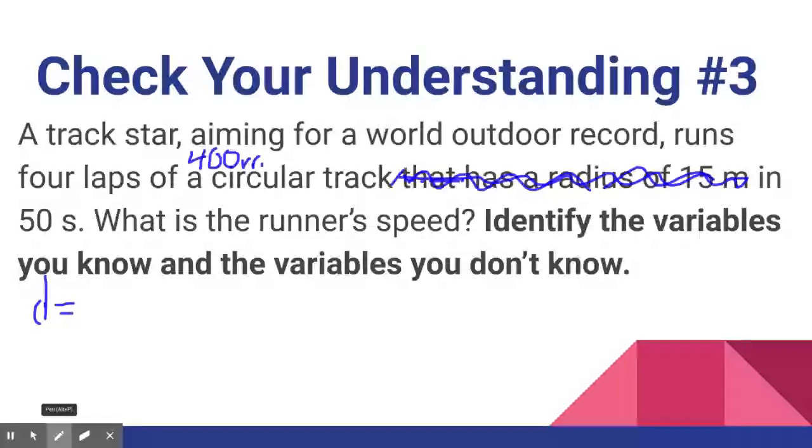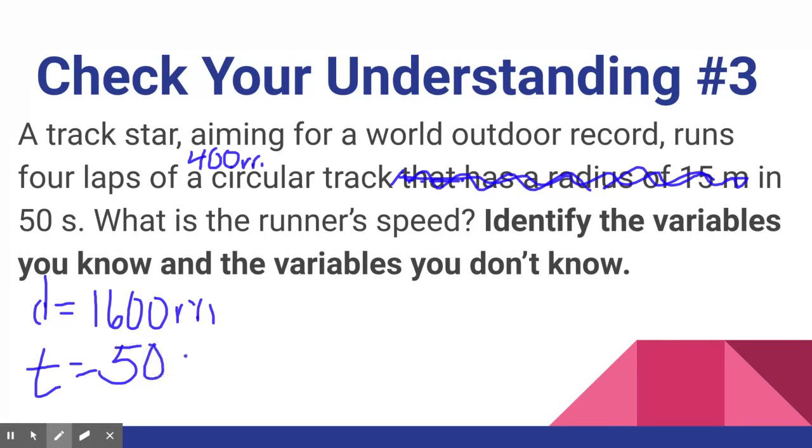So the distance here is going to be 1,600 meters, which is a little bit under a mile. So the idea that they did this in 50 seconds is, again, inhuman. But we're going to solve for it anyway. So distance is 1,600 meters. The time we've got is 50 seconds.